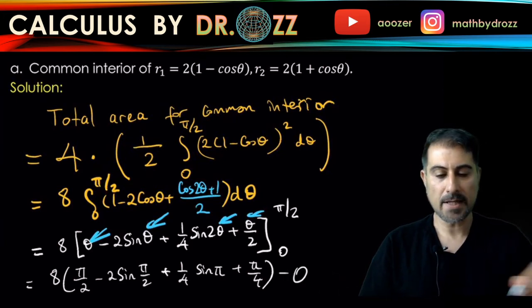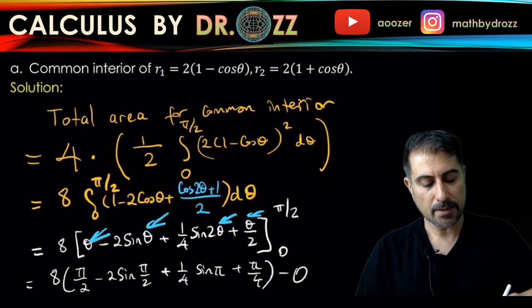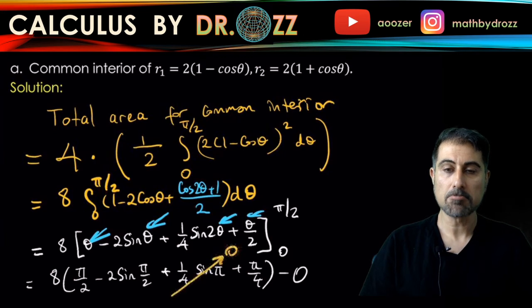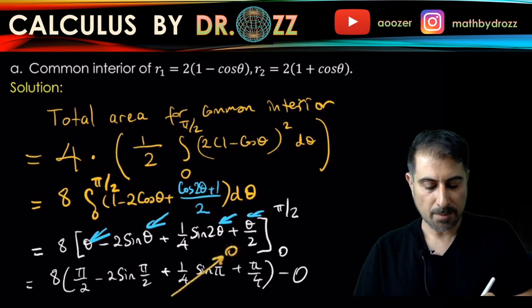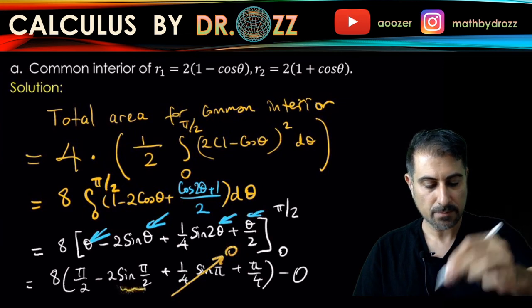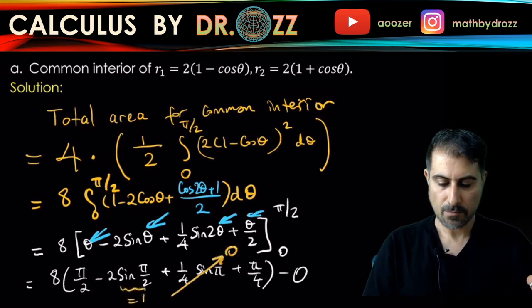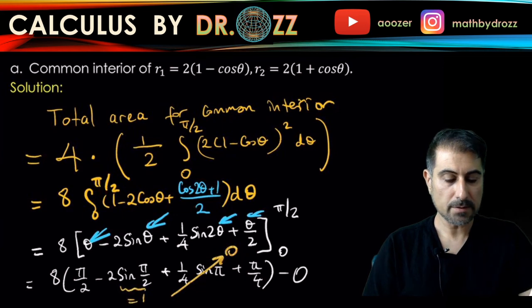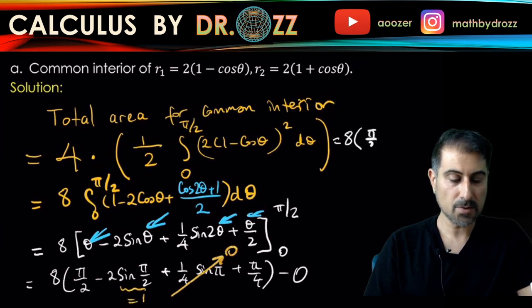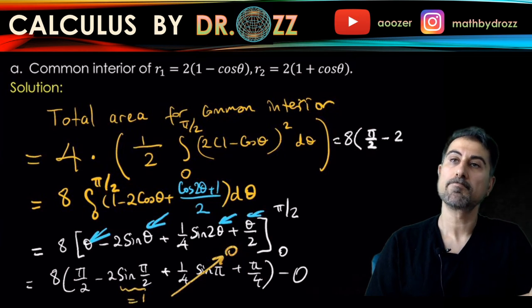And as well, sine pi is equal to 0 if you use your calculator, and sine pi over 2 is equal to 1. So let's see what we're left with. The total area is going to be equal to 8 times pi over 2 minus 2 plus pi over 4.